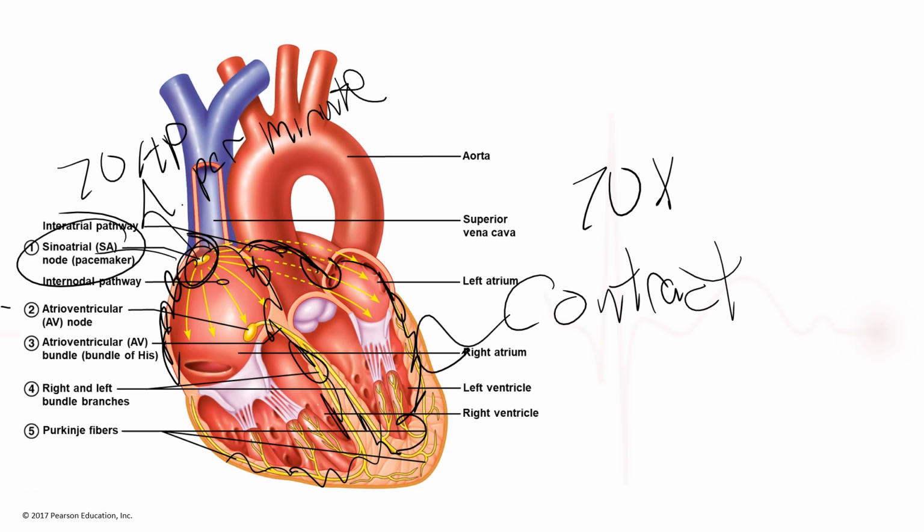So if they generate 70 action potentials per minute, then the entire heart is going to contract 70 times per minute. The sinoatrial node fibers are autorhythmic. They generate their own action potentials, and they set the pace, the heartbeat, the heart rate of your heart, right? So they're autorhythmic pacemaker cells. Okay, that's where all these different terms come from.